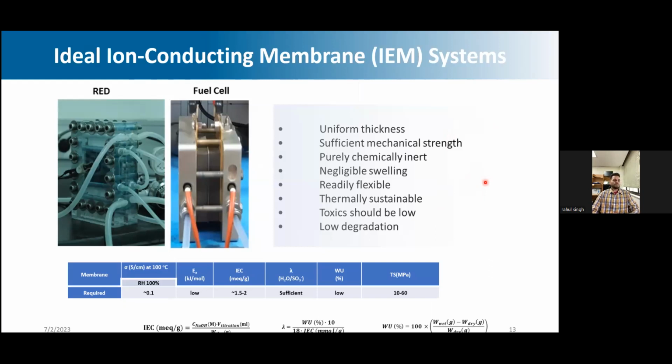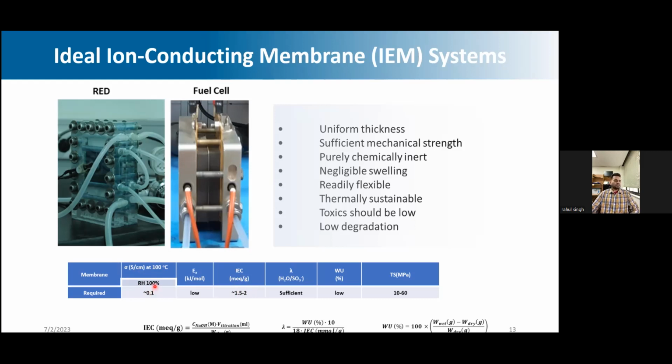But it's not as good as it looks, because there are some challenges we are facing. If we increase the ion exchange capacity, the conductivity also increases, and the target here is to increase conductivity as much as possible.